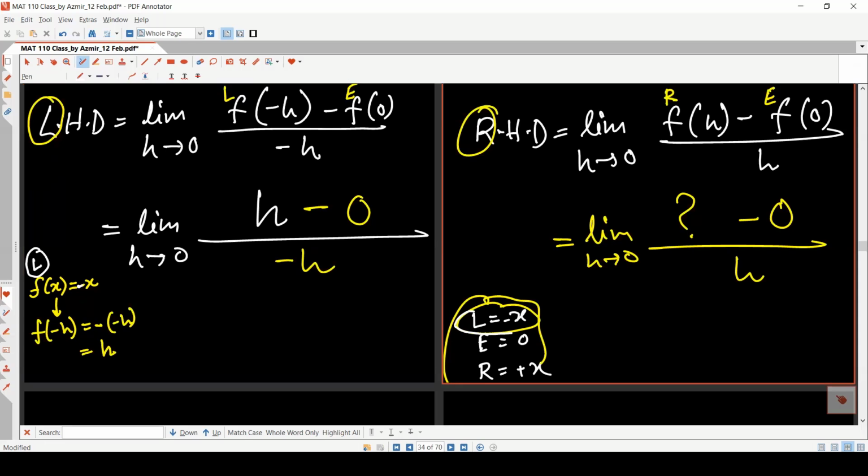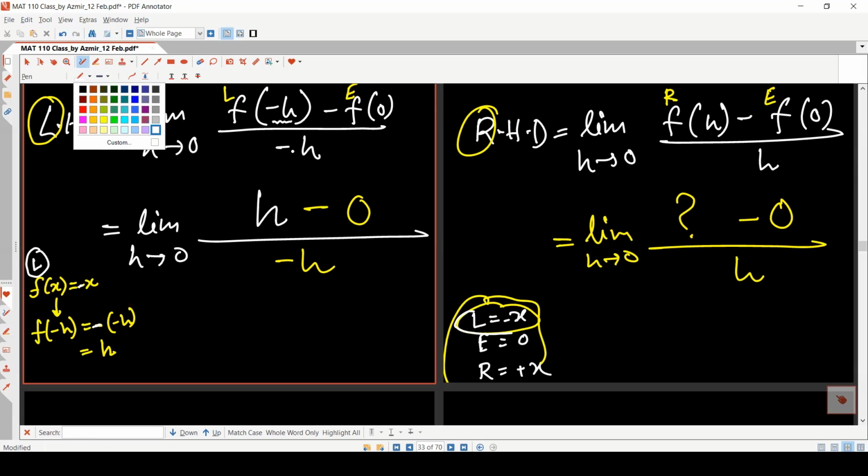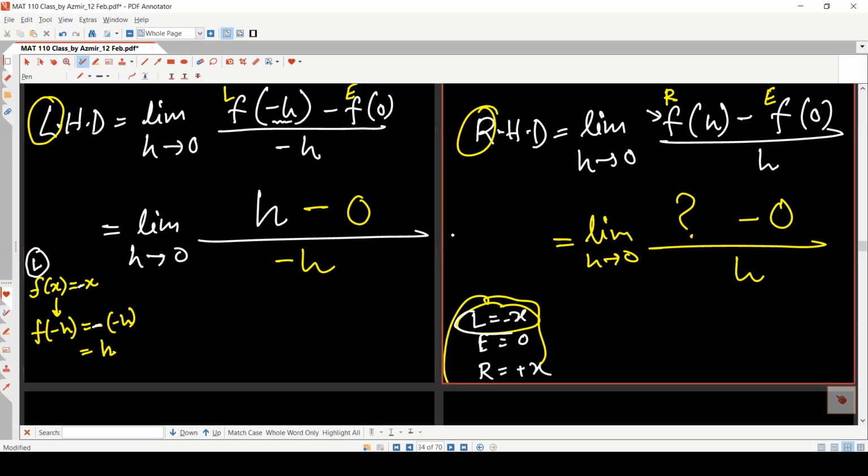Because we have collected the left function, the left function is minus x. Then we are plugging minus x because it is given here. So minus times minus x, that is plus x. Similarly, for this part, we have to check the right side function plus x.